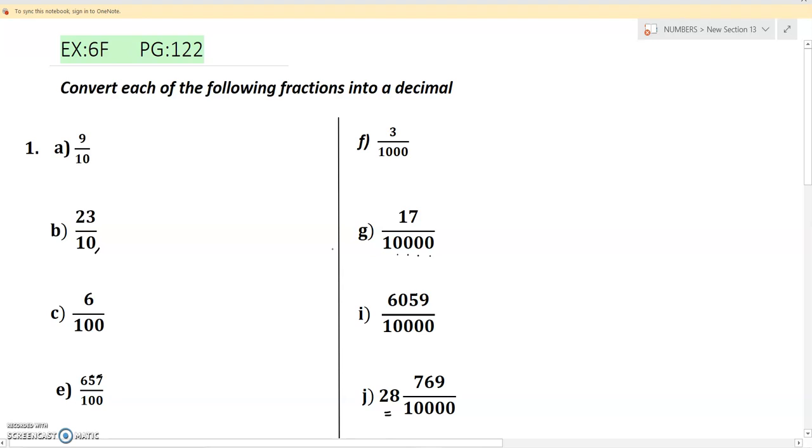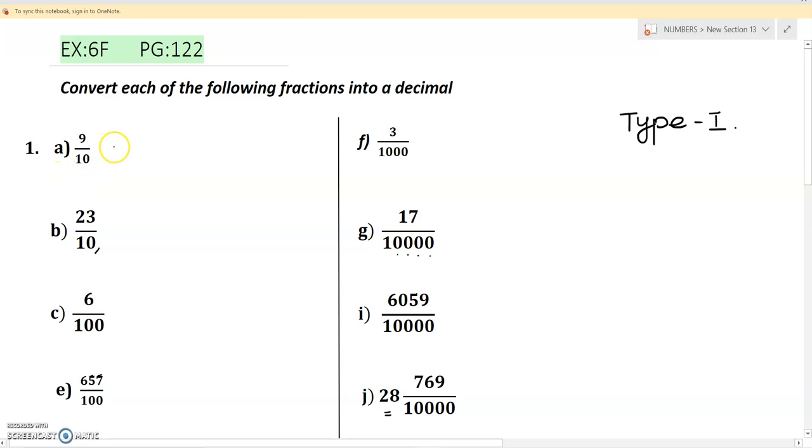In this type, you just count the number of zeros. As per the number of zeros we are going to place the dot. So it is type 1. Just count the number of zeros and place the dot.